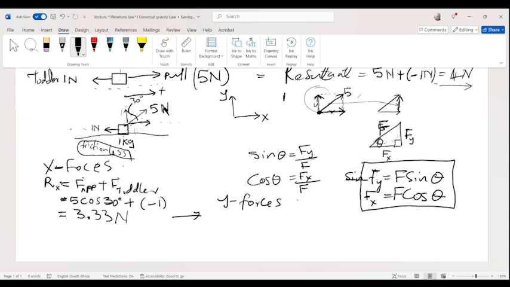We also have a gravitational force, and we also have the normal force.